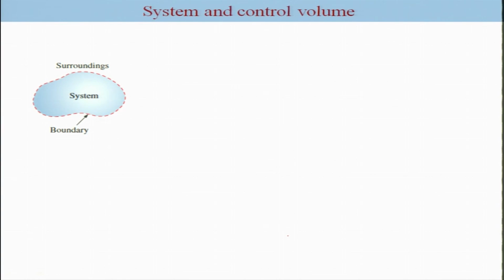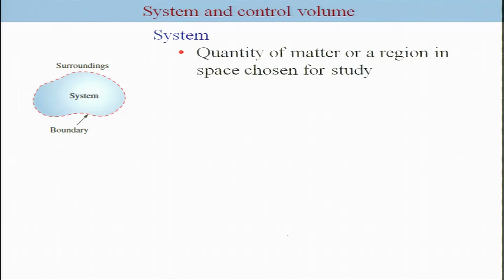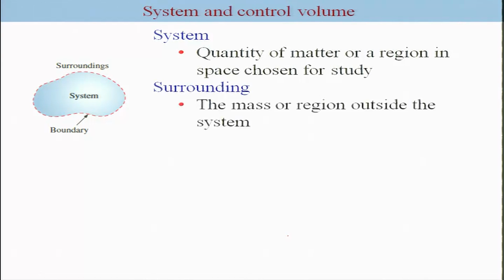Now, whenever we deal with thermodynamics, we are often interested in certain systems, certain particular devices, where we want to understand the typical changes in the energy of a system. So, we must go through the formal definitions of the system, surroundings and the boundary. A system is a quantity of matter or region in space chosen for study, and the surroundings are whatever is outside the system, that is, the mass or region outside the system.